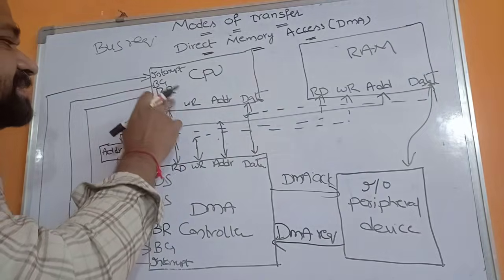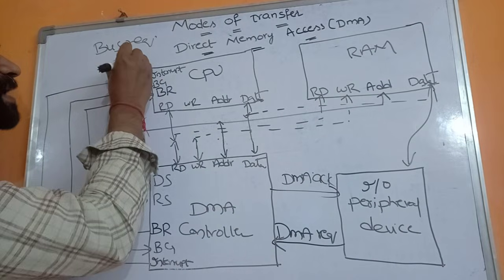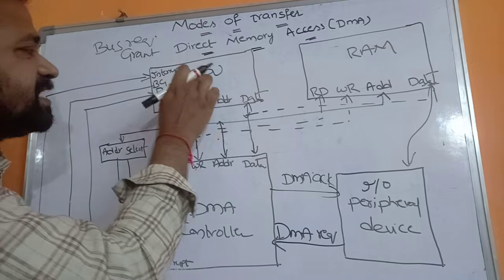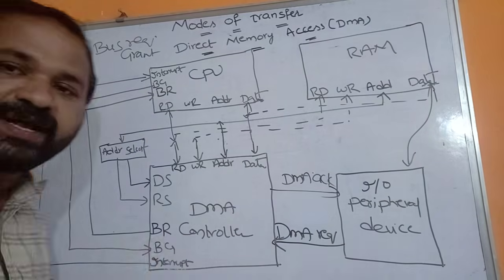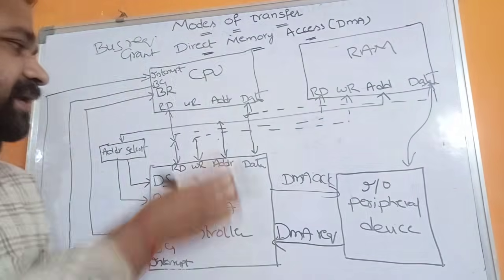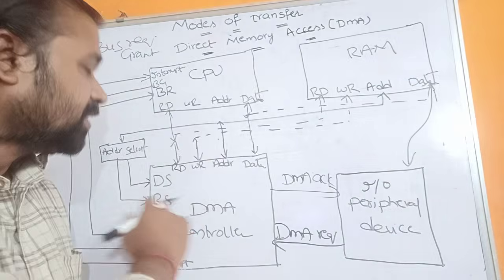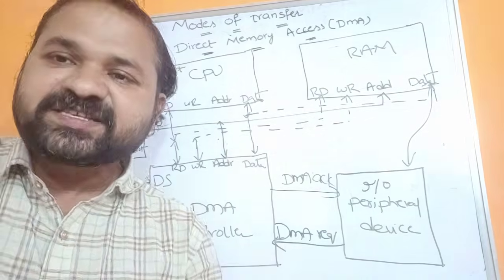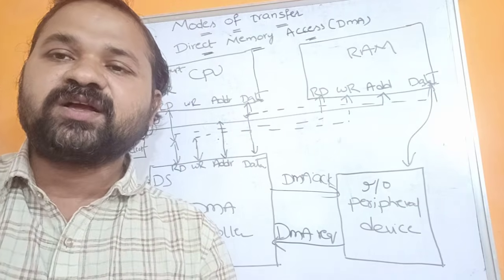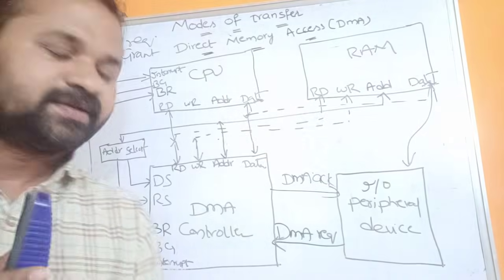For that purpose it is sending BG. BG stands for bus grant. So the CPU is sending the bus grant signal to the DMA controller. So now the bus is handed over to the DMA controller. Now it is the responsibility of the DMA controller to transfer the data between IO devices and the memory.